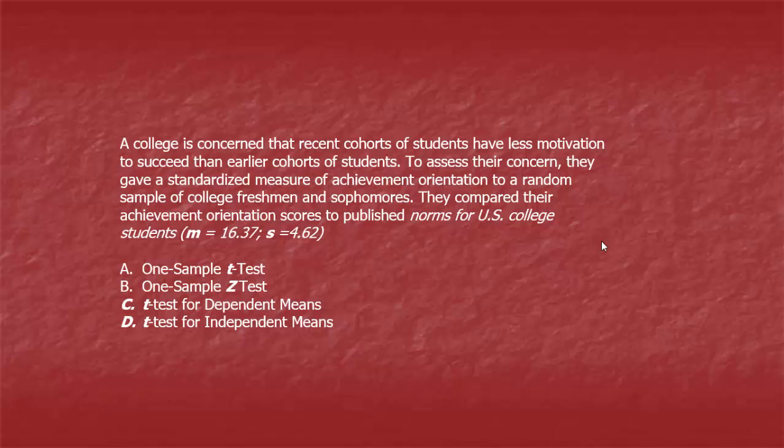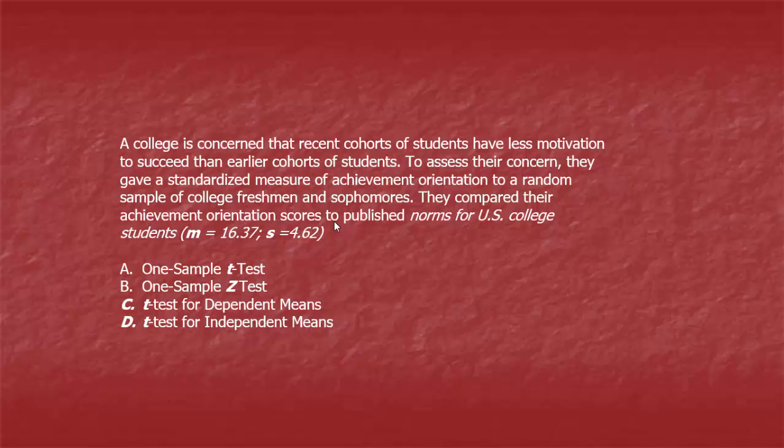They compared their achievement orientation scores to published norms for U.S. college students. So they had a mean and a standard deviation, published norms for college students. And they just have one sample, one group of students they want to compare to these known norms for college students.